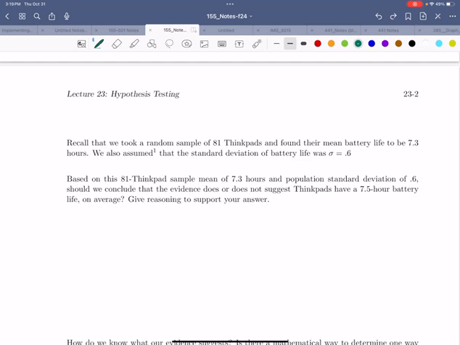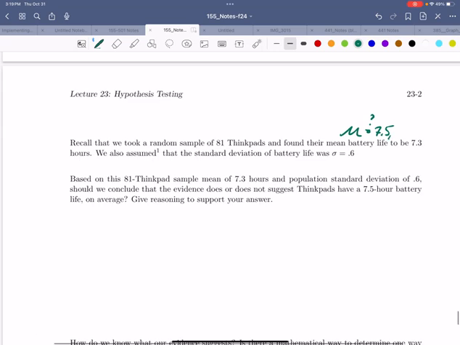So we're assuming mu equals 7.5, n equals 81, x bar equals 7.3, and sigma equals 0.6. Okay, so we've got that.